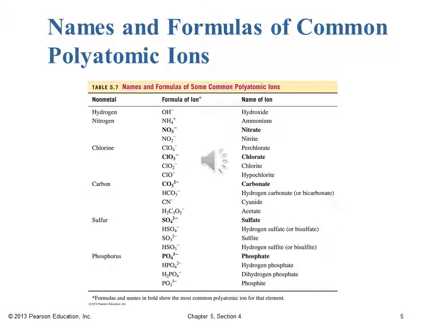Finally, the phosphorus-based ones, we have PO4 3 minus, that's phosphate, and if we add a hydrogen to it, it's hydrogen phosphate. The phosphate was a 3 minus, hydrogen phosphate is just a 2 minus. If we do another one, dihydrogen phosphate, now we're down to 1 minus.